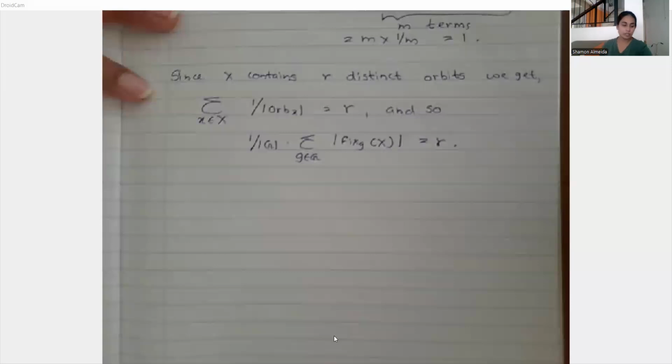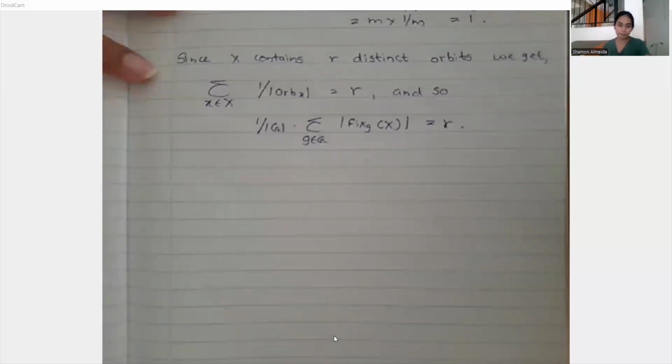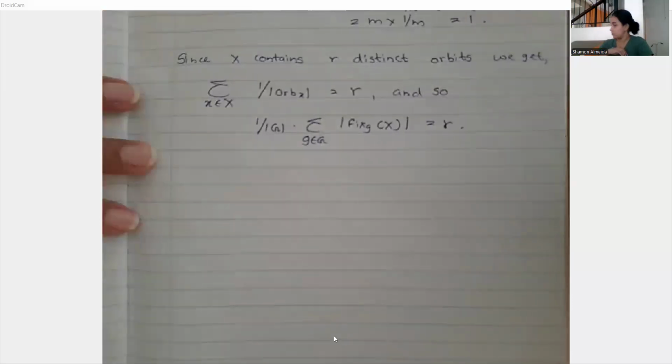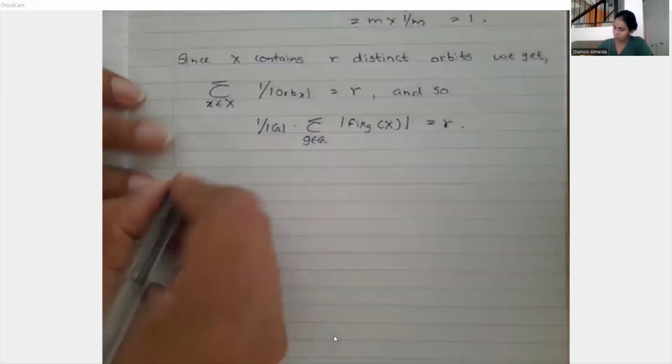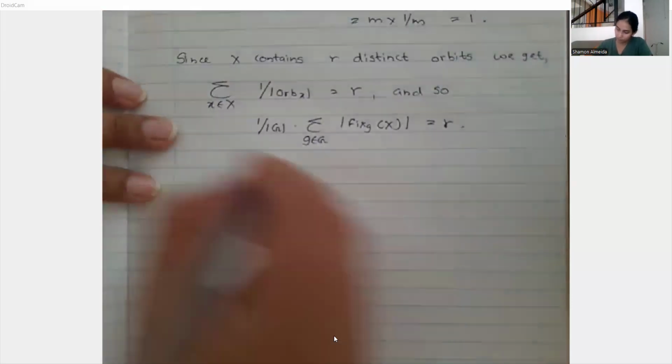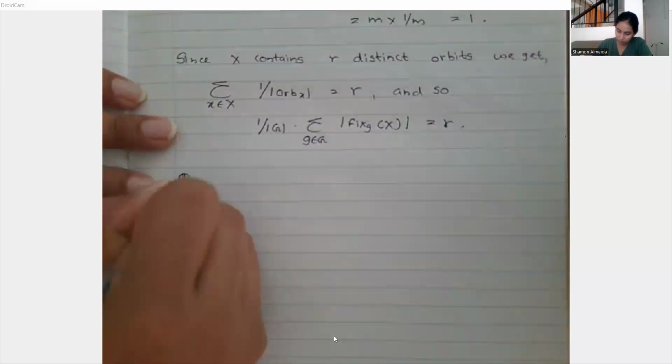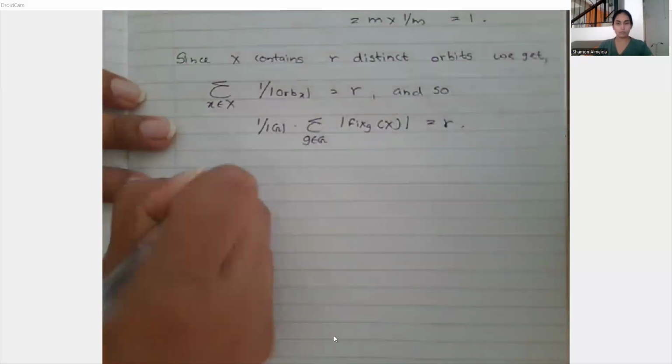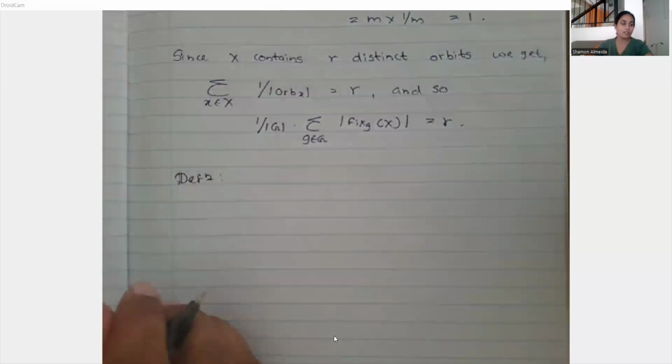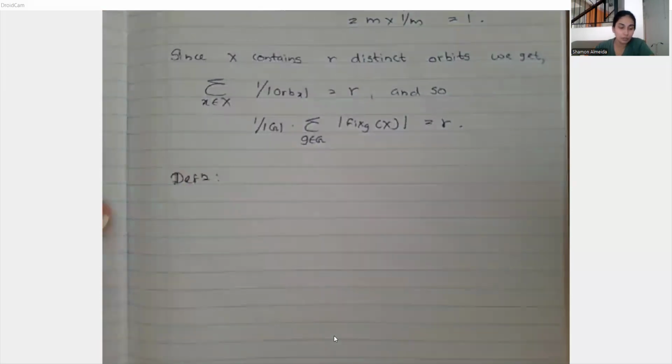Now let's get to another definition. We say that a group G is a P group if the order of G is a non-negative power of P, where P is a prime.